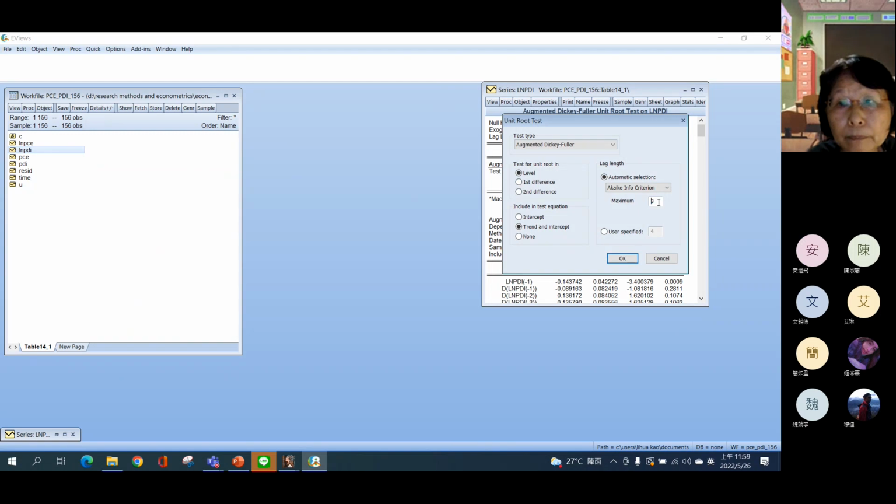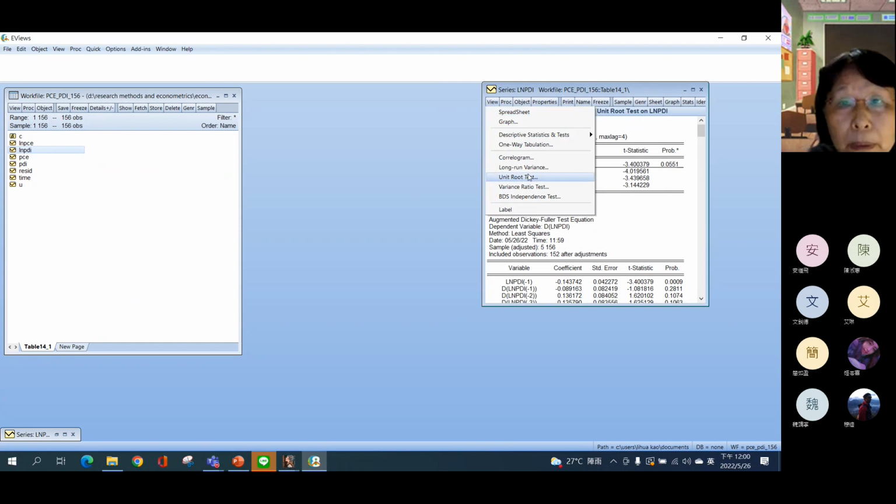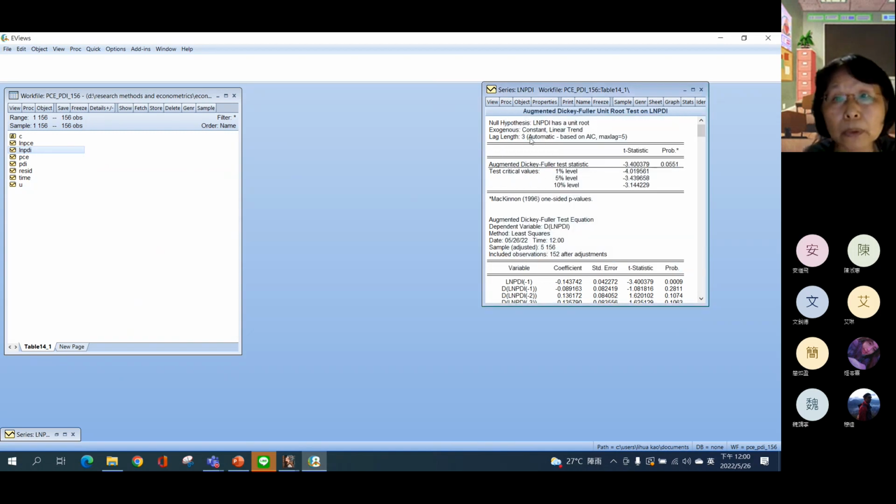Okay, 4 is the same as 3. Let me see, maybe higher, 5. You will see that with a longer lag, the result is the same as with 3.